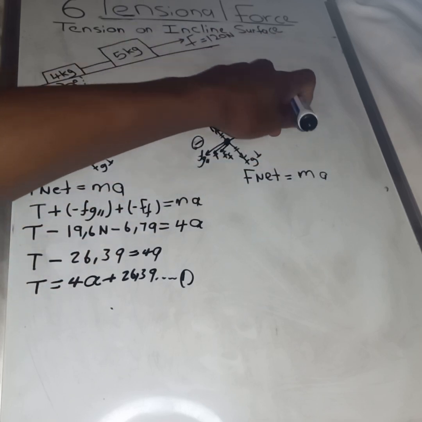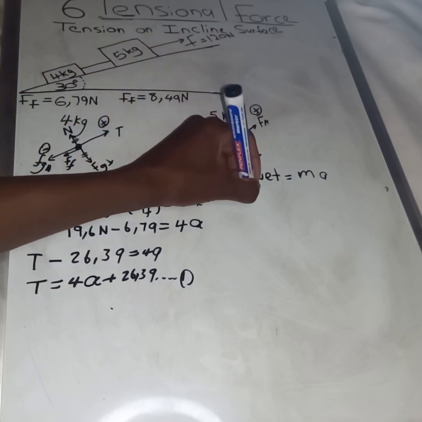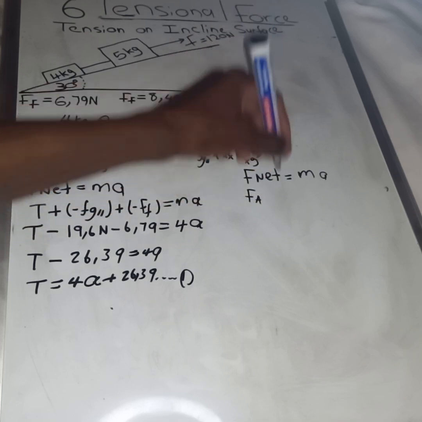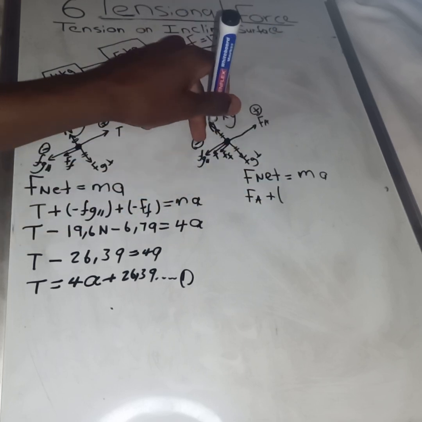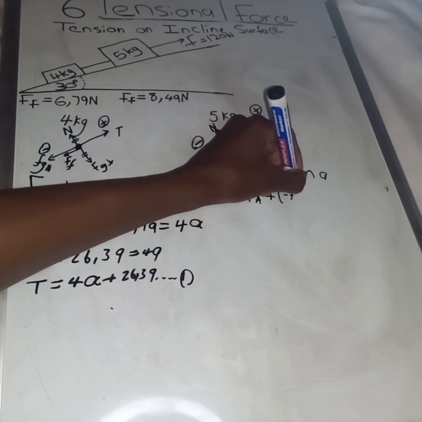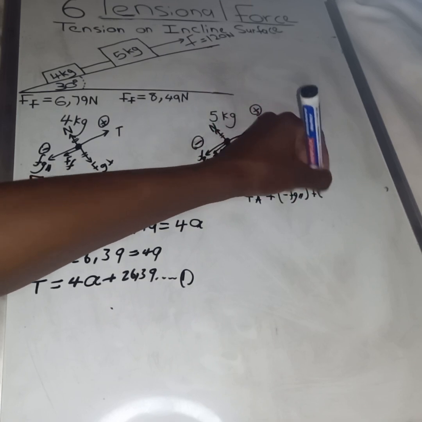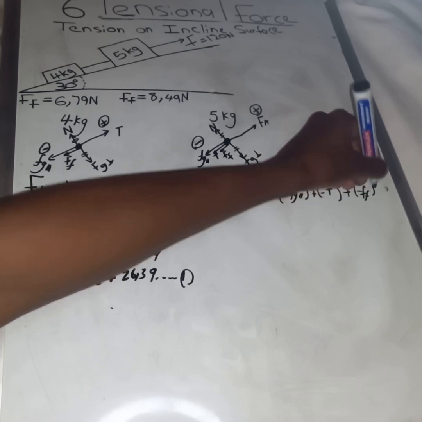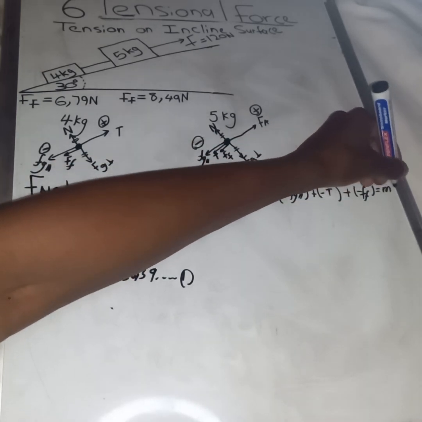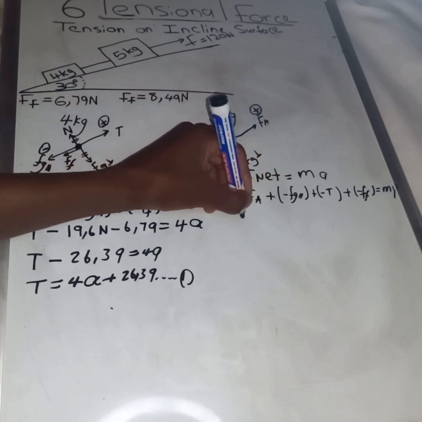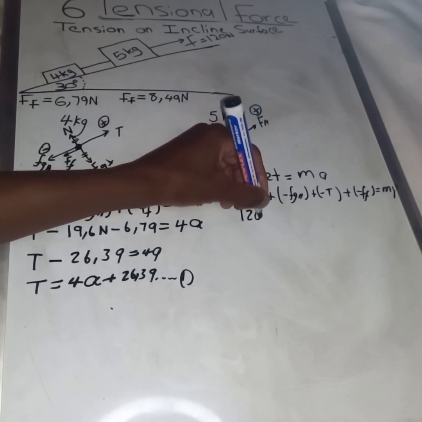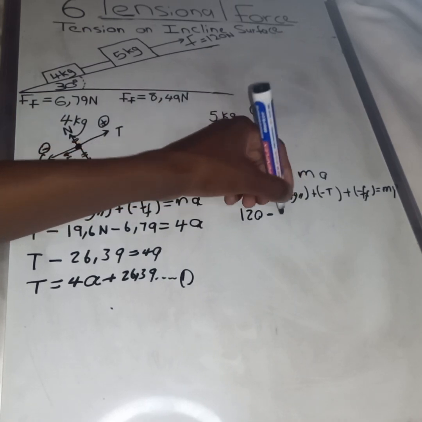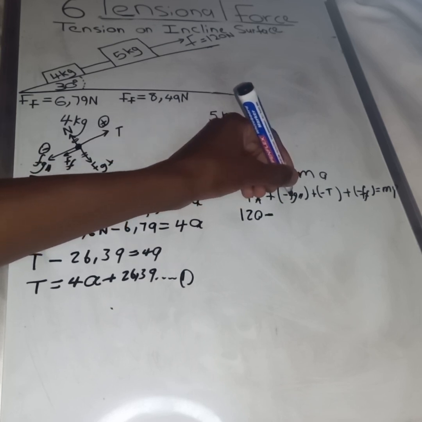We always start with what? Positive variables. So F applied in a positive direction plus negative FG parallel plus negative tension plus negative frictional force is equal to MA. The value of applied force is 120.